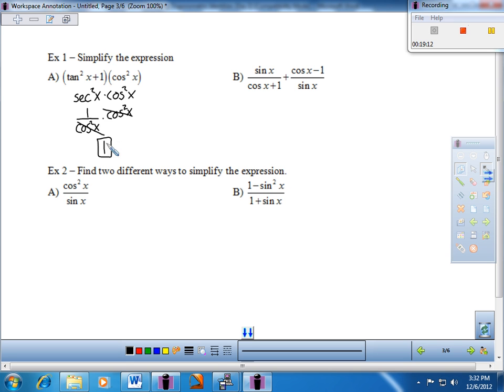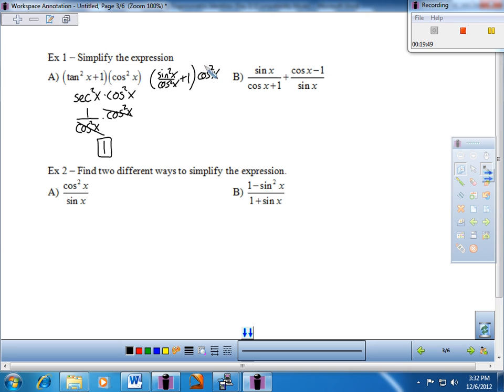Now, if you missed that first step and didn't see this, you still potentially could have gotten here. I'm going to go a little quicker and show you. If you know this one, or if you've done it and you're good, move on to the next problem. But here's what I would think of, just in terms of this piece. If you were taught to go to sines and cosines, and if you followed that, you might have done this.